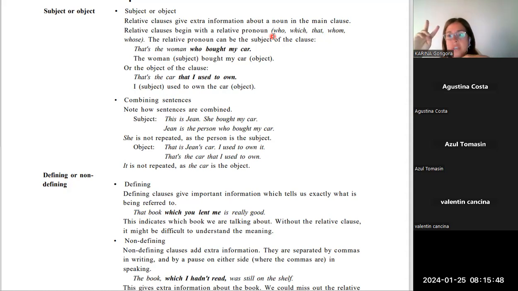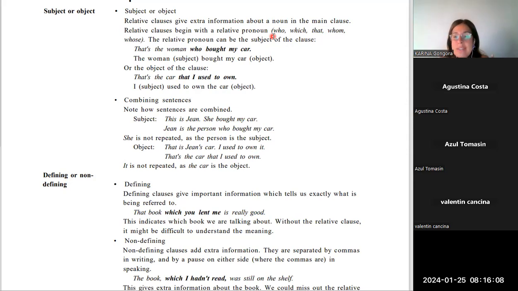I noticed two things. Sometimes we don't realize it is a relative clause. A veces no nos damos cuenta que es una relative clause. And sometimes we realize it is a relative clause, but we simply put that instead of which, or that instead of who.